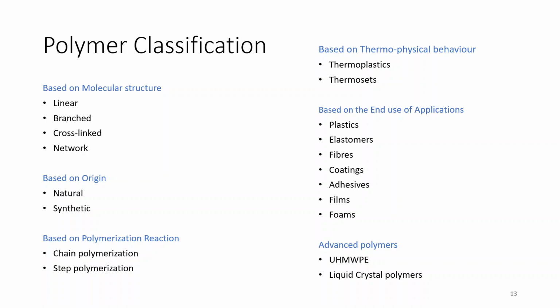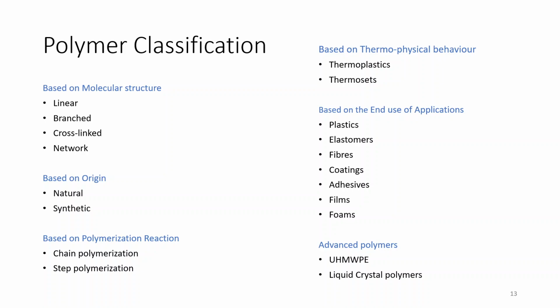Okay, so these materials will be having long chains, and along the chain you will be having covalent bonds, and in between two chains you can have different types of bonding such as hydrogen bonding or weaker van der Waals bonds as well. Next is firstly based on molecular structure.